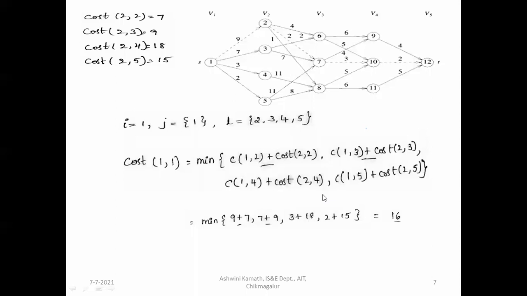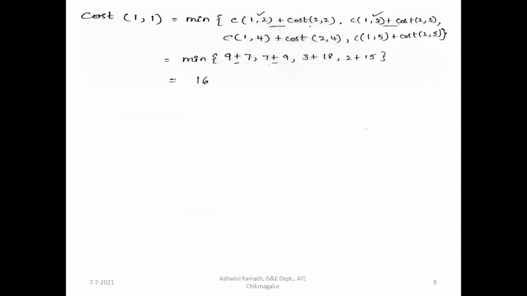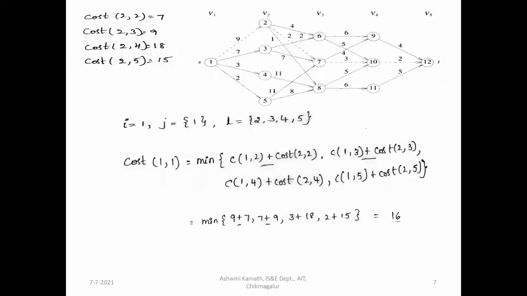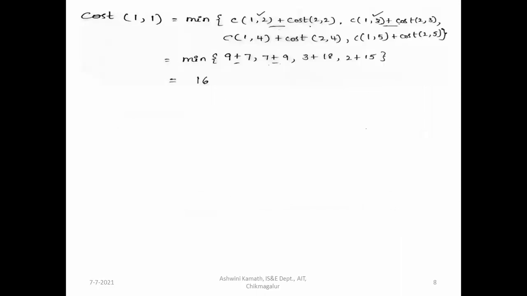Now we have to find out what is the actual path, right? So let us trace back. The minimum value, from which we have got the minimum value, we have already marked it, right? So cost of 1, 1, that is whatever problem we have solved in the previous slide.